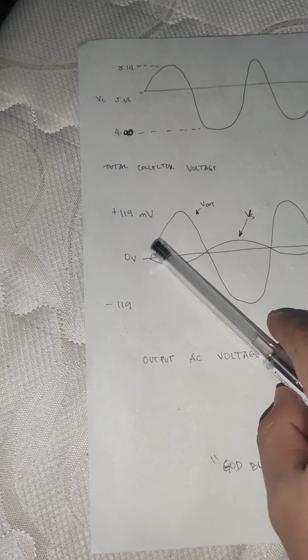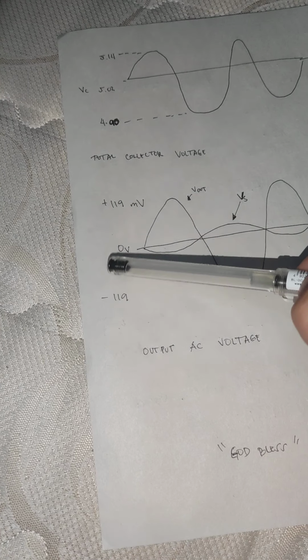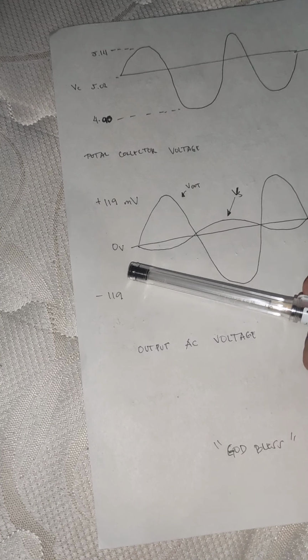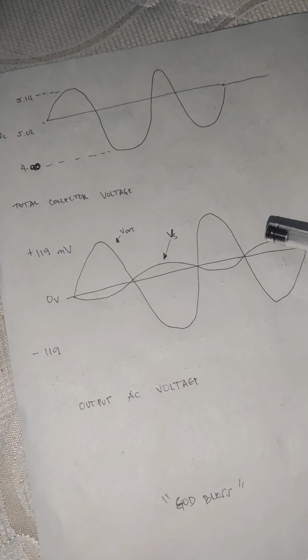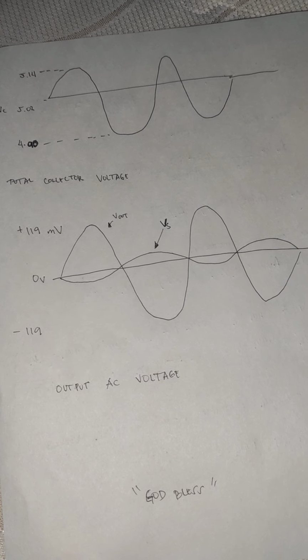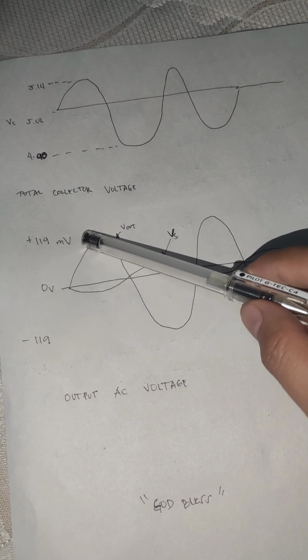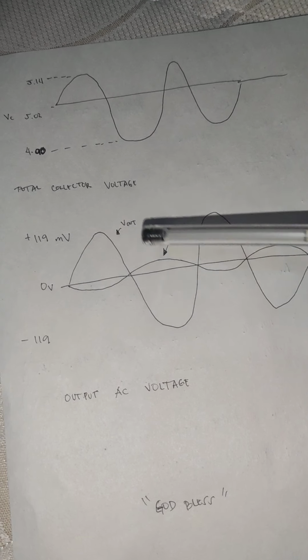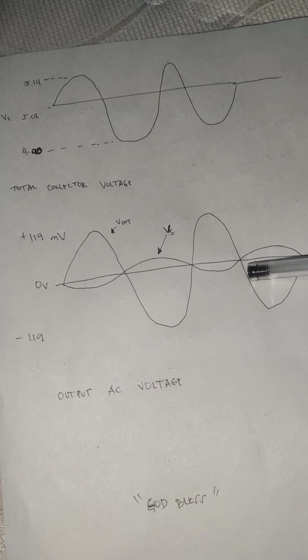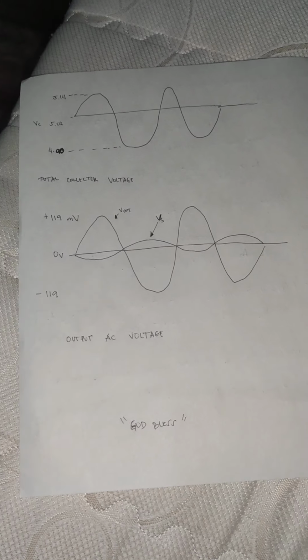So same lang yapon siya, 0 positive 119 millivolts, ang ubos kay negative 119. So ako na sa siyang gi-drop para makuha na ko yung output AC voltage. So kani siya nga graph is V out, tapos kani siyang gamay is mao ni siya ang iyang VS. So mao lang nga, God bless.